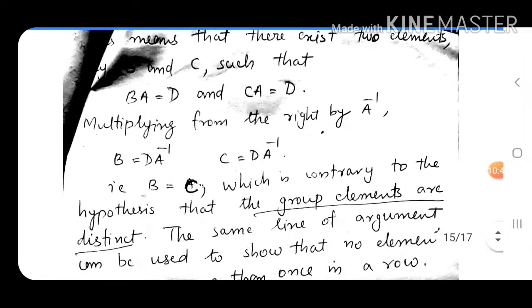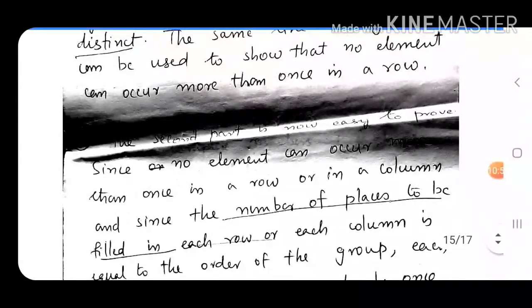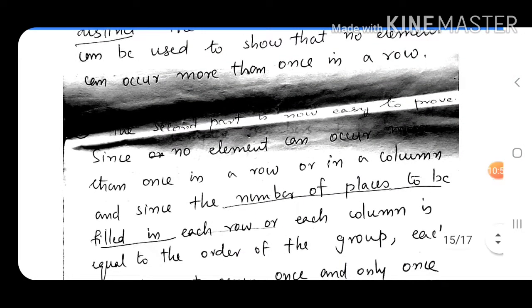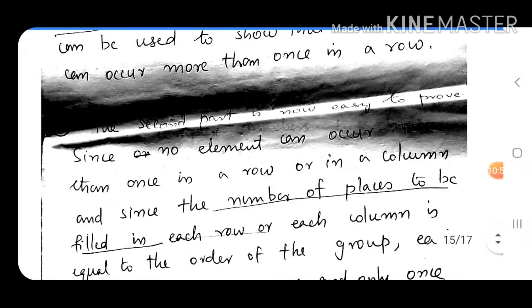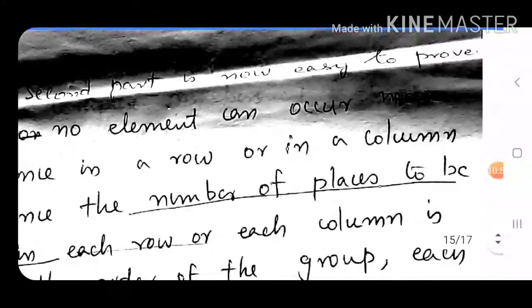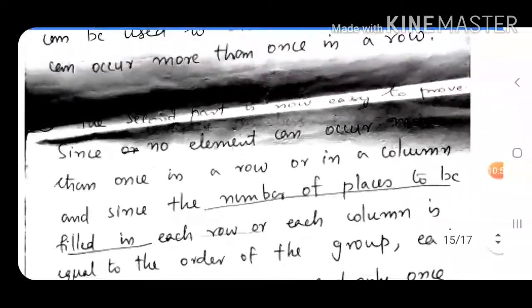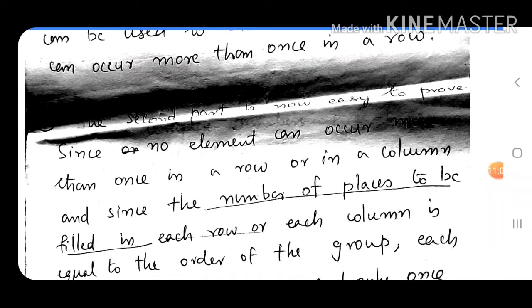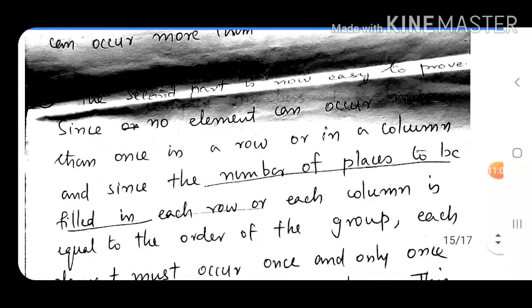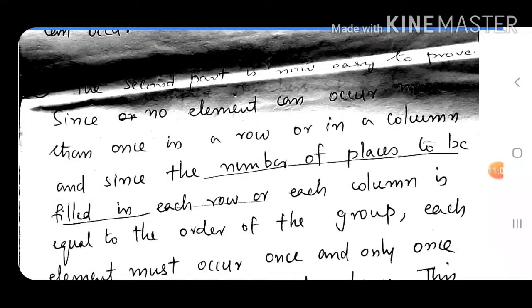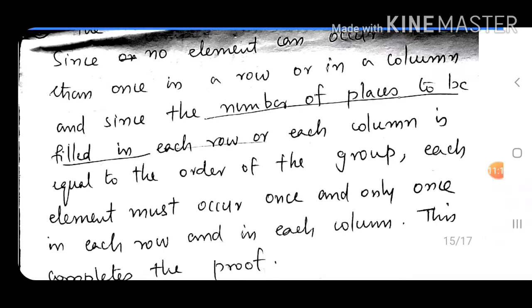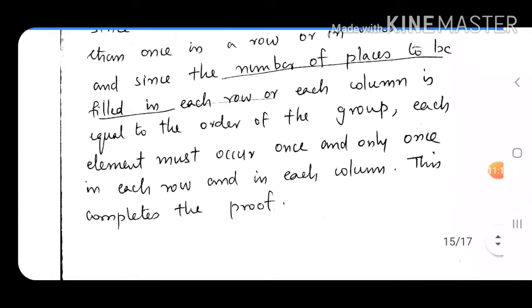For the second part, since no element can occur more than once in a row or in a column, and since the number of places to be filled in each row or column is equal to the order of the group, that is, the number of elements in the group, each element must occur once and only once in each row and in each column.